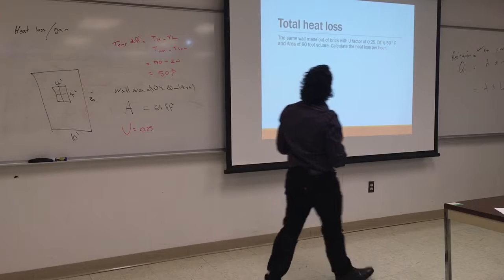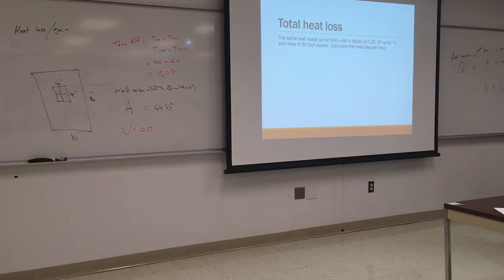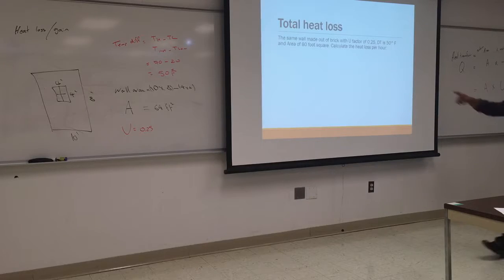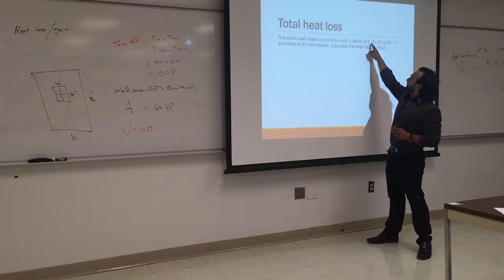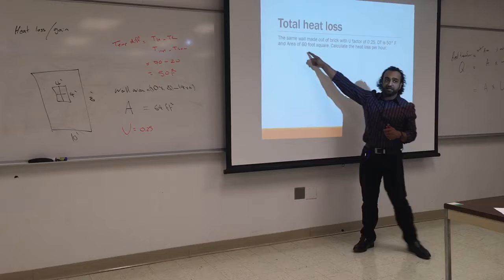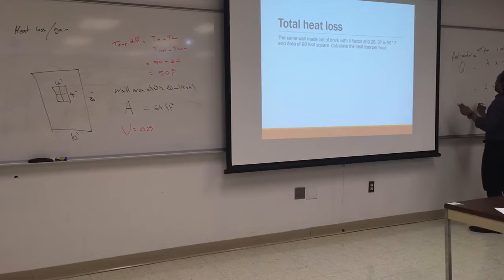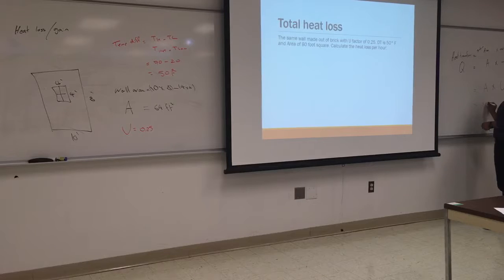You multiply the area. I'm gonna multiply for this example here. You multiply 0.25 times 50 times 80, and you get the heat loss. So if I do that here, for that specific wall, 80 times 0.25.